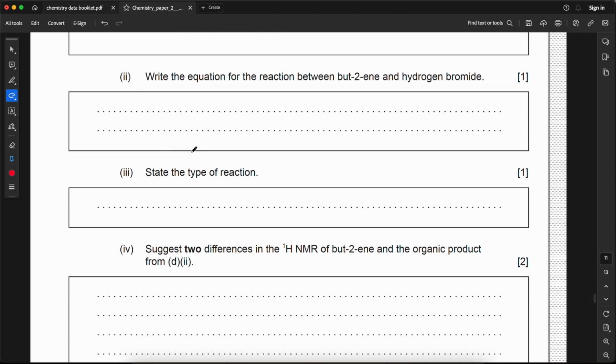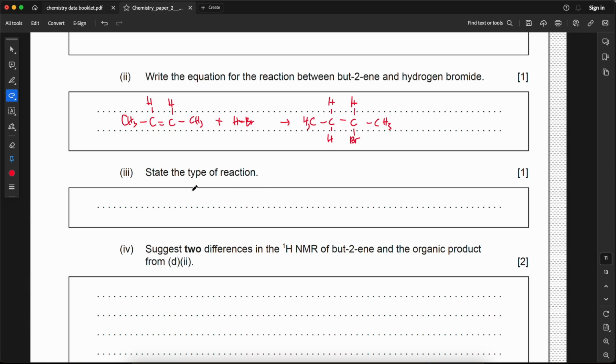Write the equation for the reaction between butene and hydrogen bromide. So that would be CH3CH=CHCH3 reacts with HBr. So H goes to one C, and then Br to another C. So it will be CH3CH2CHBrCH3.